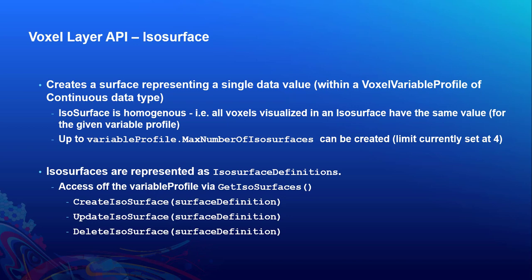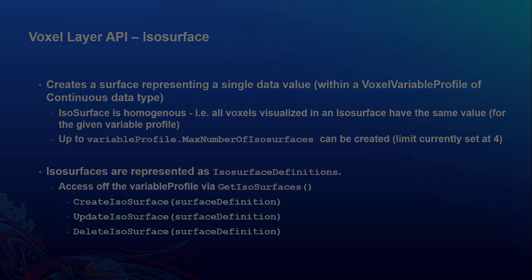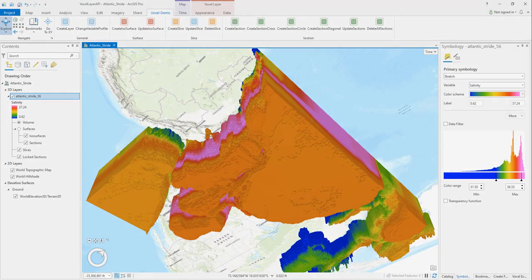To create, update, and delete isosurfaces, you use the desired surface definition, calling Create, Update, or Delete isosurface respectively. Let's look at how to work with isosurfaces.